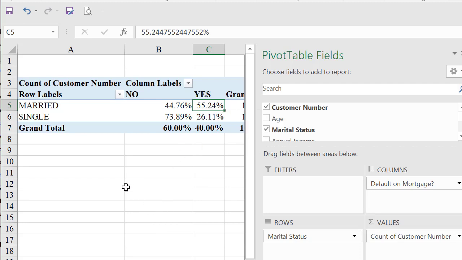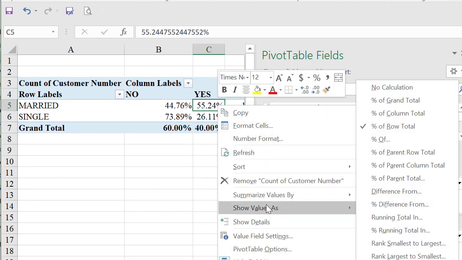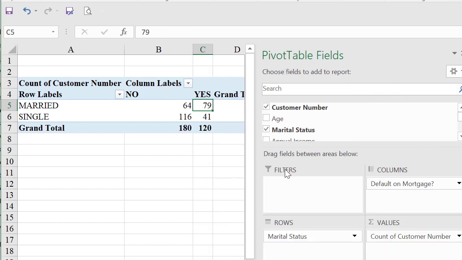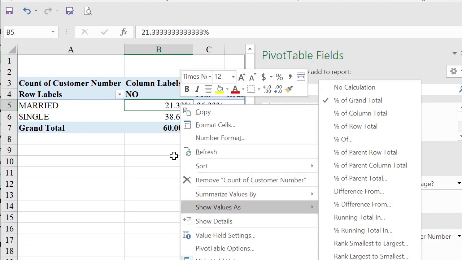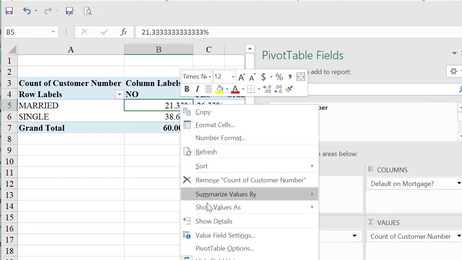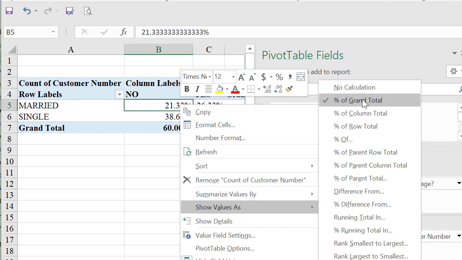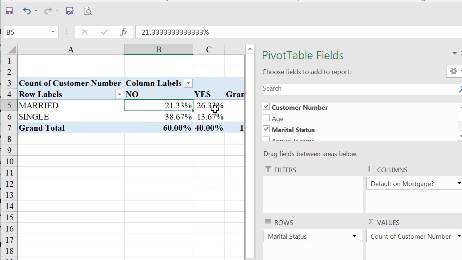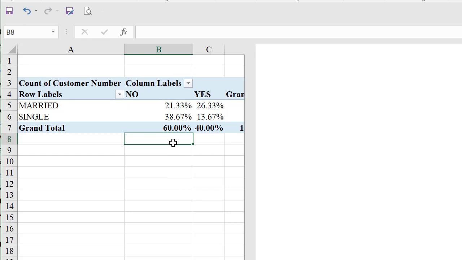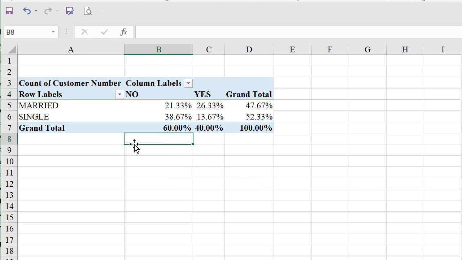But what they did in your book is, if we go back, if I reset this, show value as no calculation. So we want to get the joint probabilities. And joint probabilities are show value as a percent of grand total. So here are the joint probabilities. And then on the outside here, we see the grand totals.